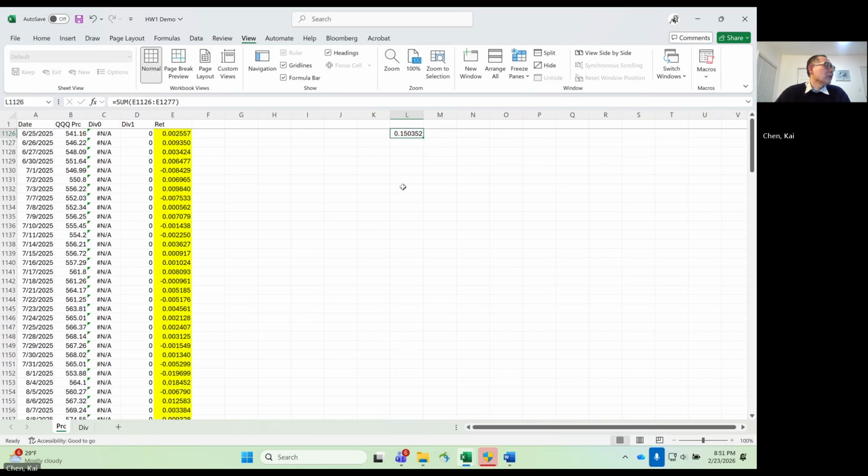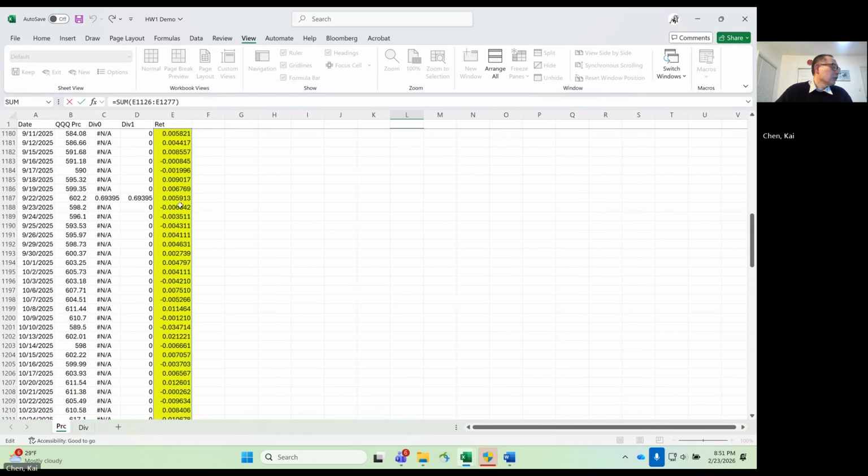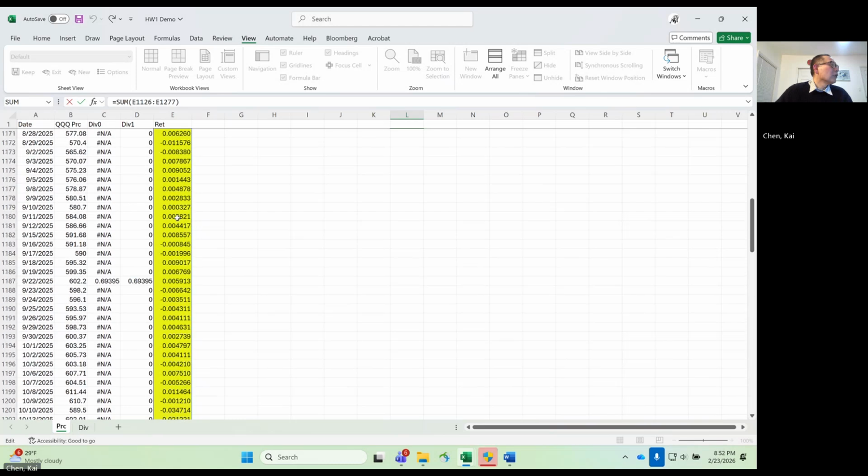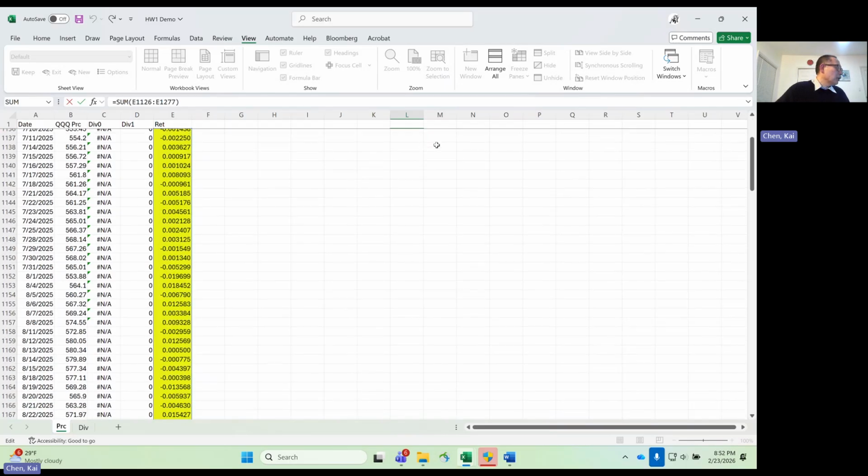Before we move on, we want to check whether our inputs, our arguments, are right or not. I can hit function 2 to see. It is right: from E1126 to E1277.